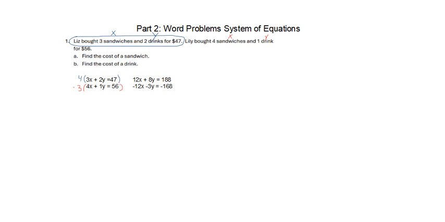Well, once again, our x's are going to go away because they have the same numbers with opposite signs. So let's see what we get. 8 minus 3 is 5y. And 188 minus 168 is 20. All right, from there we can divide both sides by 5.